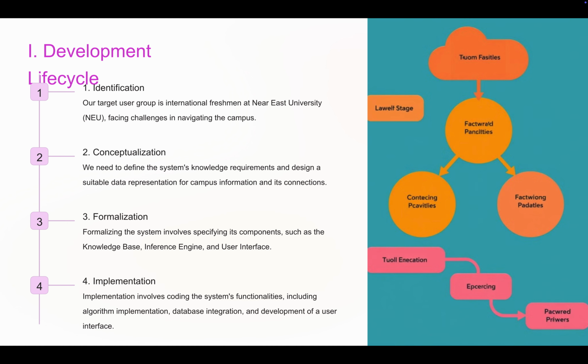For this point, as you know, the knowledge base is something like the conceptualization, because we are collecting all information about the university in detail. For the first point, identification, we talked about just identifying what there is at nearest university, but in the knowledge base, we are putting everything.